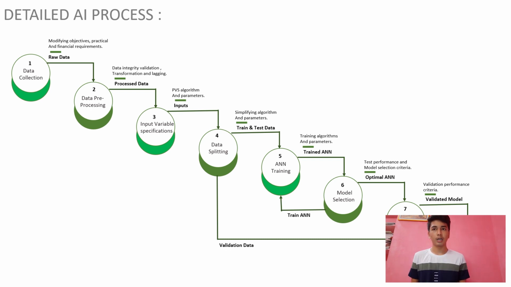Collection of raw data, then the processing of data, then giving the data a specific algorithm and parameters on which it has to execute, then simplifying the algorithm and parameters, training the algorithm and parameters, test, perform and model selection criteria, and at last validation performance criteria.